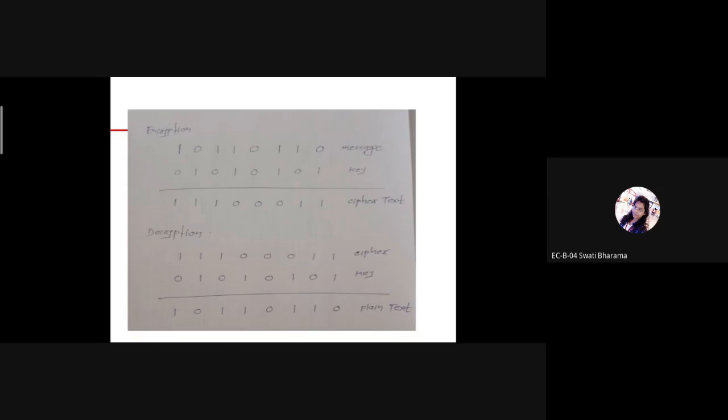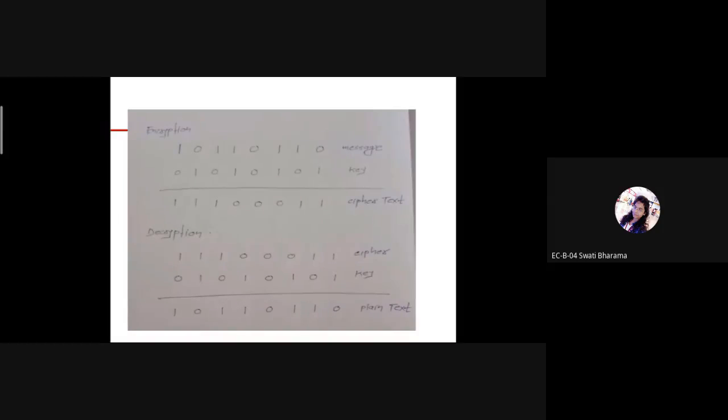Once we get the ciphertext, we can transmit this message to the receiver side. Once the message is encrypted, there is less possibility of our information being hacked.